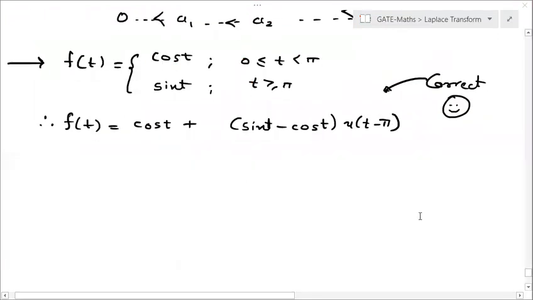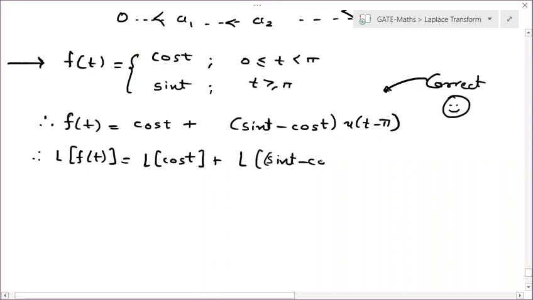Okay. So let us apply Laplace. Therefore Laplace of f of t is equal to Laplace of cos t, plus Laplace of (sin t minus cos t) into u of (t minus pi). Now, what is Laplace of cos t? s divided by s square plus a square.